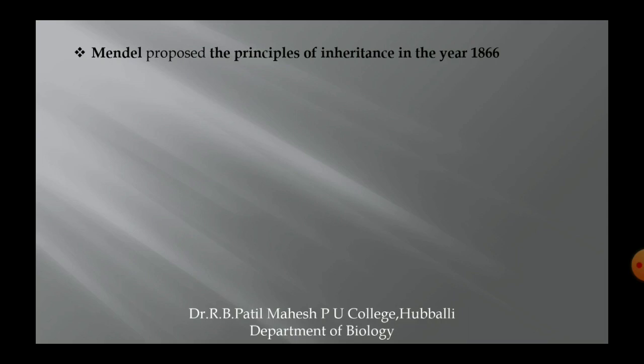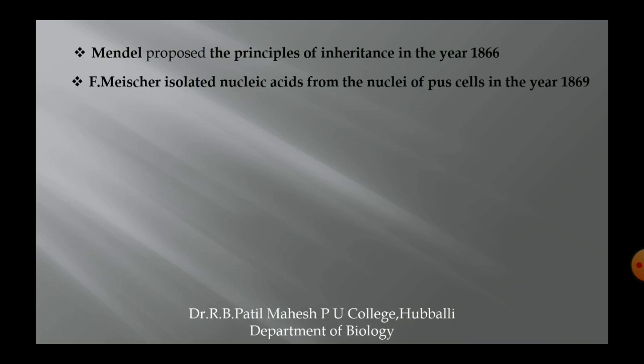Almost at the same time, in the year 1869, Friedrich Miescher isolated nucleic acids from the nuclei of pus cells.